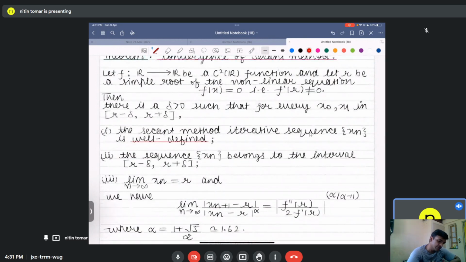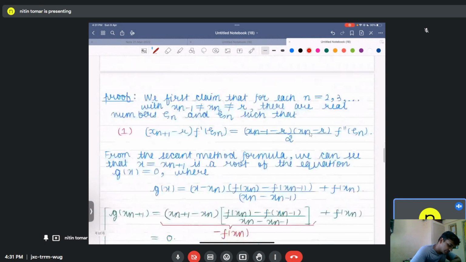So we have proved that there is a sequence x_n in the interval r minus delta to r plus delta. Also, we have proved the third point, that is x_n converges to r.